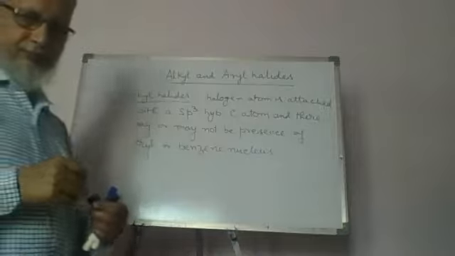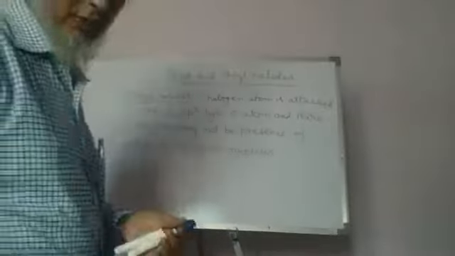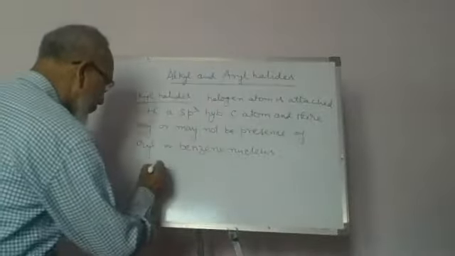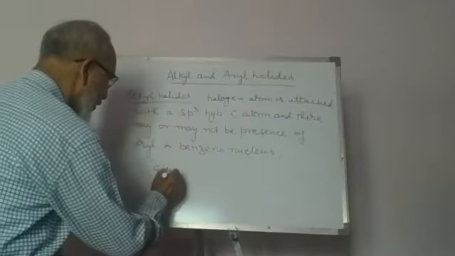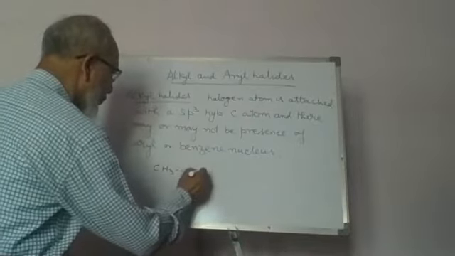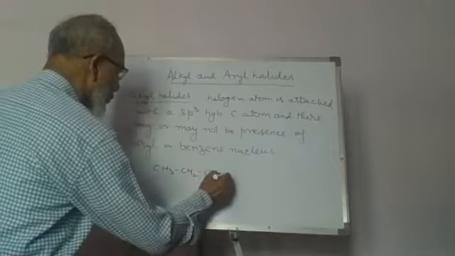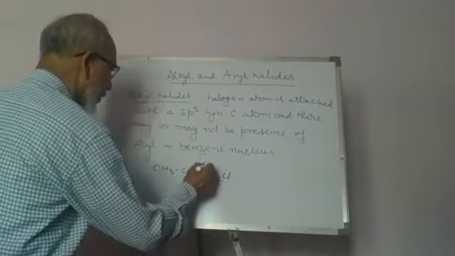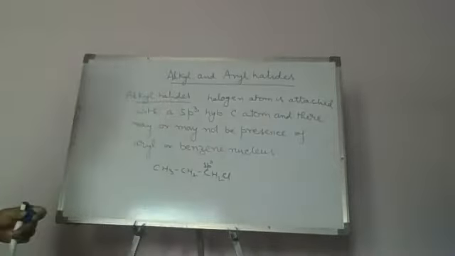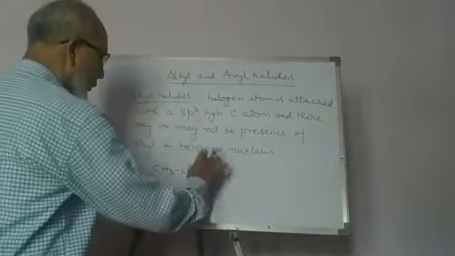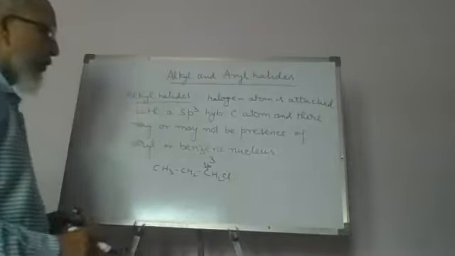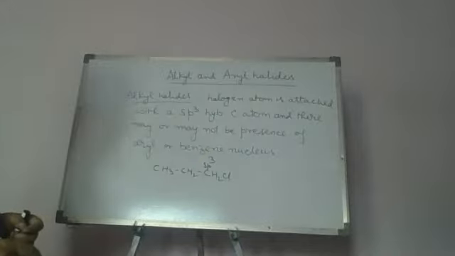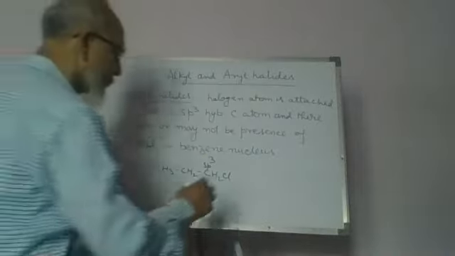As for example, CH3CH2CH2Cl. This is your sp3 hybridized carbon atom. Therefore, this will be an example of an alkyl halide without any benzene nucleus.